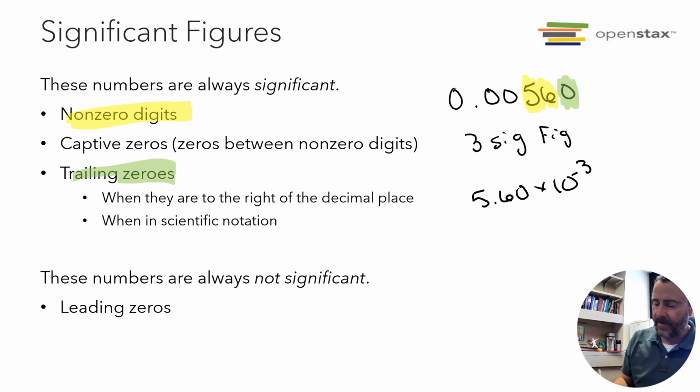Same idea if I've got the number 4044. It has 3 non-zero digits, and it has a captive zero, and it's got a captive one as well.